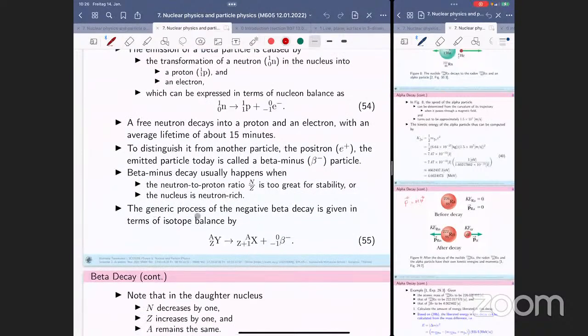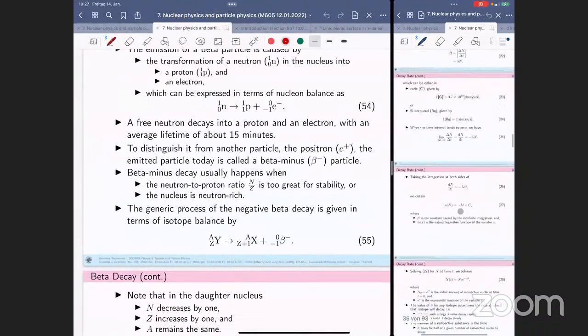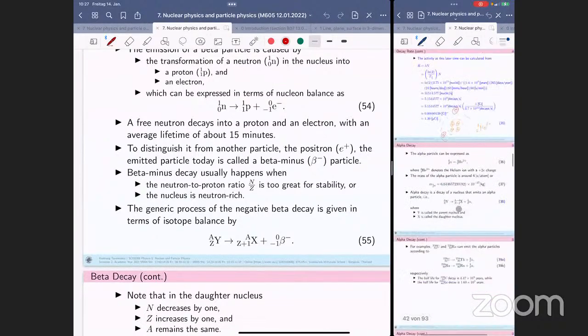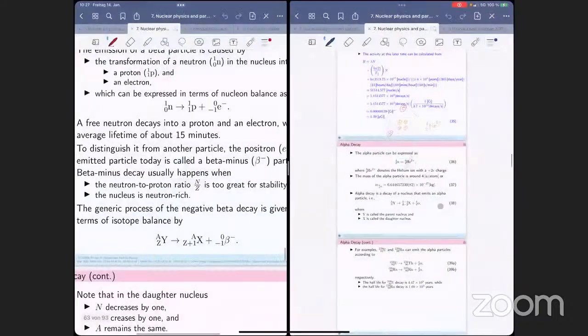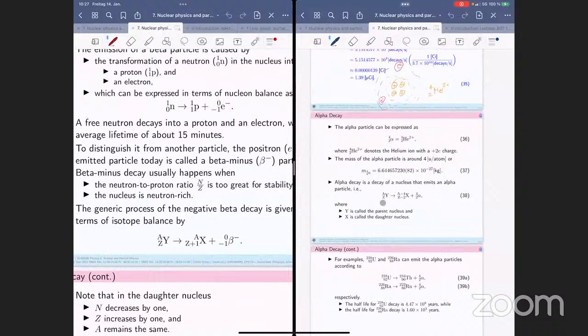The generic process of negative beta decay is given in terms of isotope balance. It's different from alpha decay. In alpha decay, you start with A and Z, the parent nucleus. This one is also a parent nucleus.